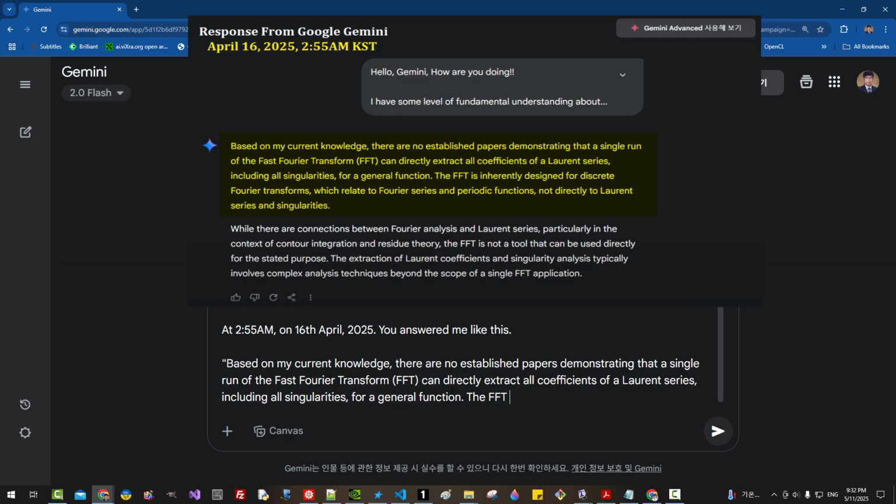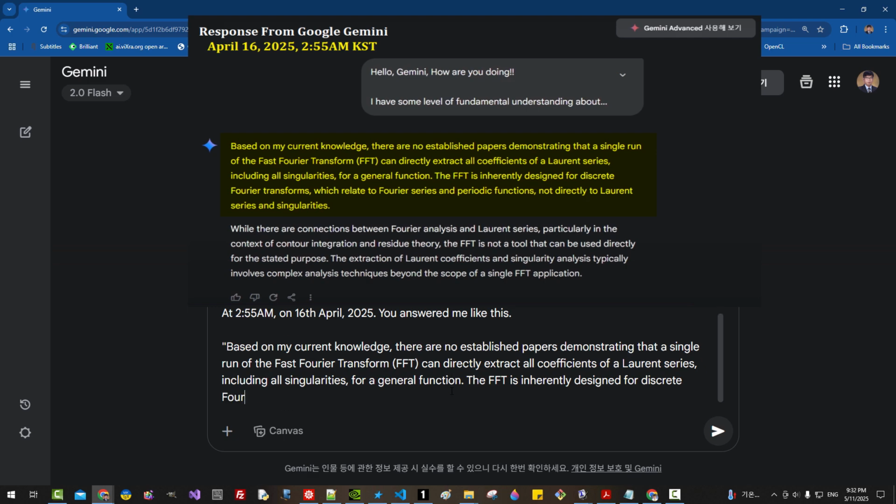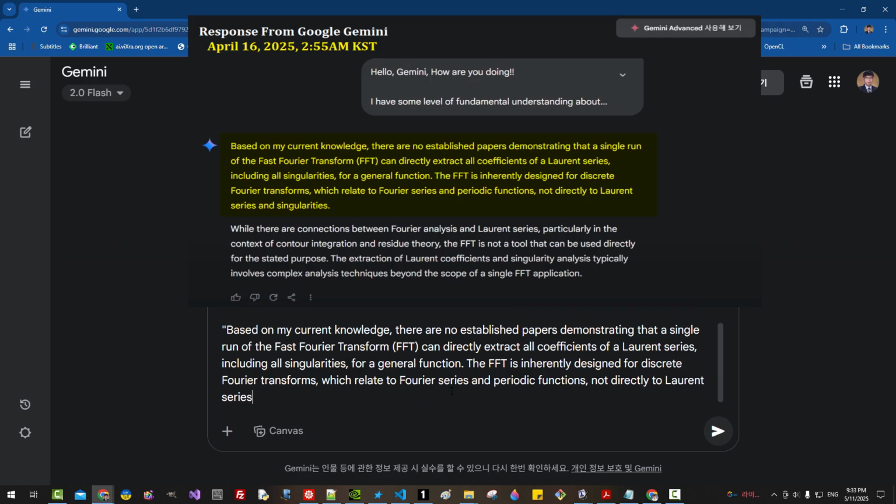The FFT is inherently designed for discrete Fourier transforms, which relate to Fourier series and periodic functions, not directly to Laurent series and singularities.